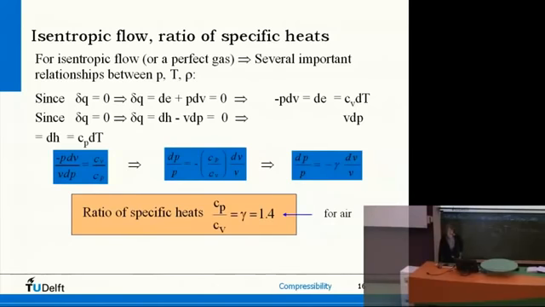I had the relation dQ is equal to dE plus PdV and dQ is equal to dH minus VdP. For isentropic flow, dQ is equal to 0. I have an adiabatic process. So as a result, this one is 0. So my dE is equal to minus PdV.